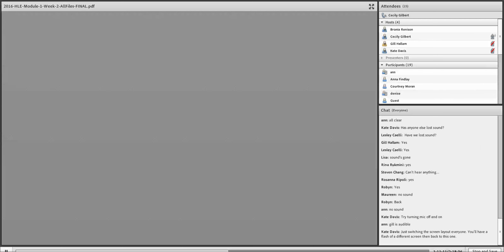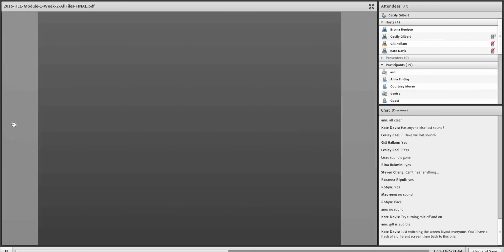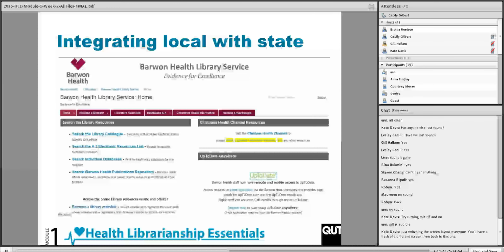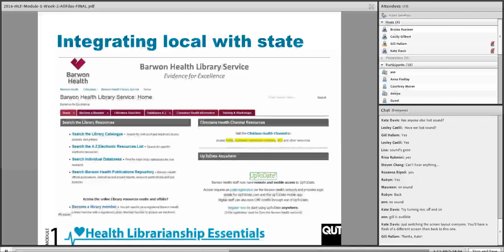I'm hopeful. And so what Barwon Health Library does on its website is allow people to see what it provides through local purchasing in conjunction with the material that's available through the Clinicians Health Channel. And so in the case of Barwon Health, the website's got links on both of those things, and you might see on the top line that area that's flagged as databases.